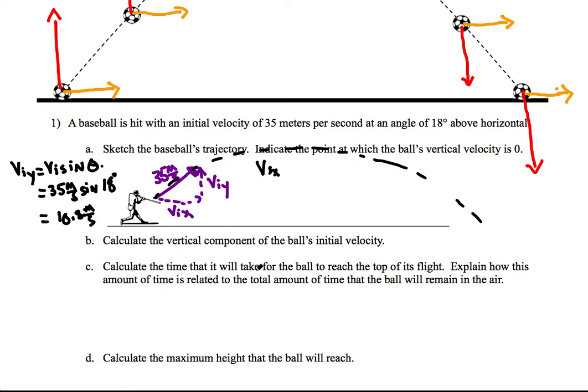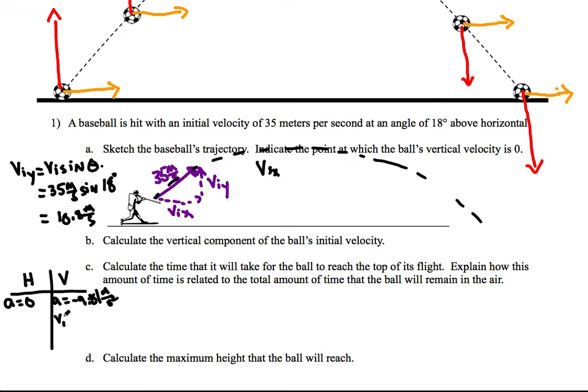Calculate the time it will take for the ball to reach the top of its flight. Explain how that amount of time is related to the total time that the ball will remain in the air. Here's what I know so far. In my horizontal and vertical, I know my acceleration in both directions: 0 and negative 9.81. Get in the habit of writing these things down.